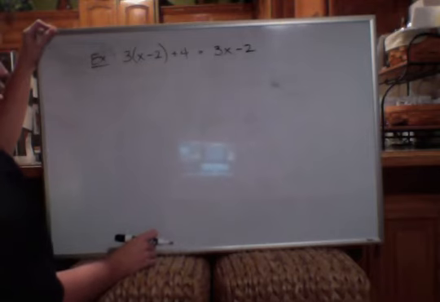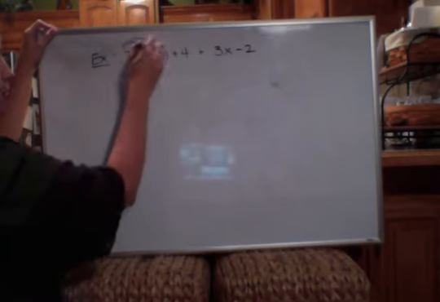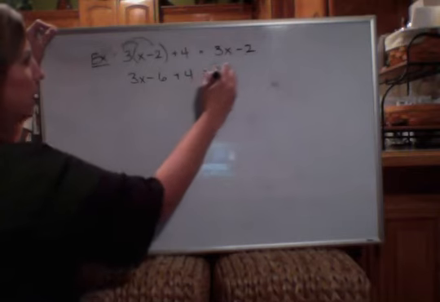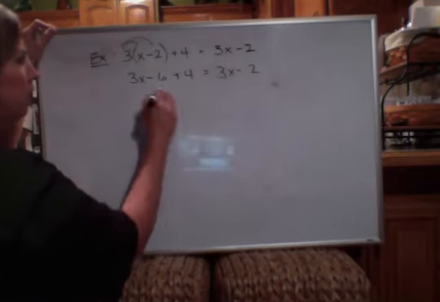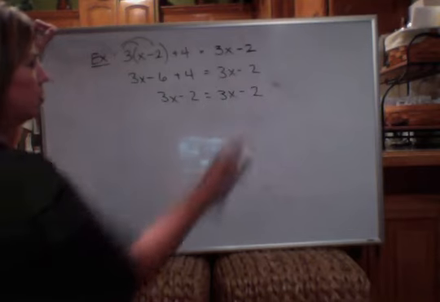Okay, so again, we're going to just solve this equation the way we would normally. So we'll start with distributing here. So we'll get 3x minus 6 plus 4 equals 3x minus 2, or 3x minus 2 equals 3x minus 2.